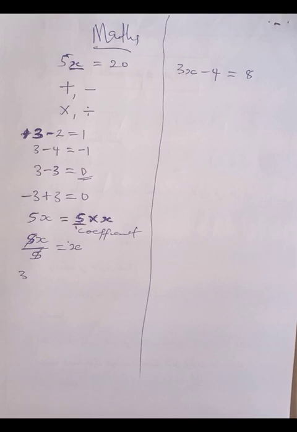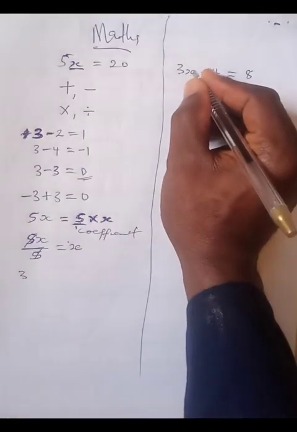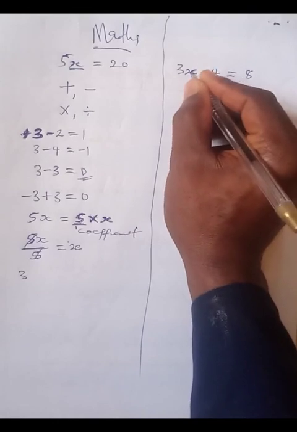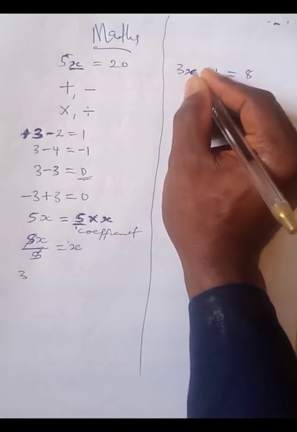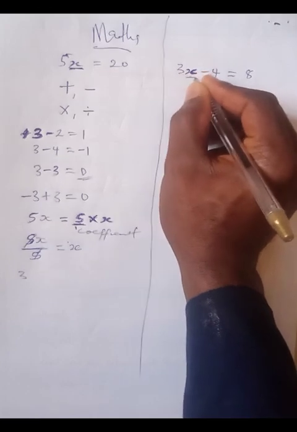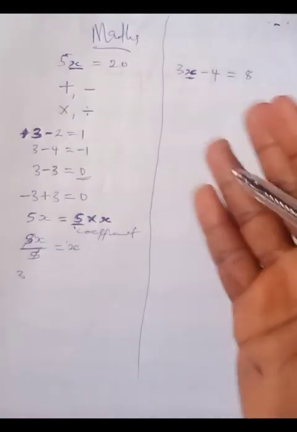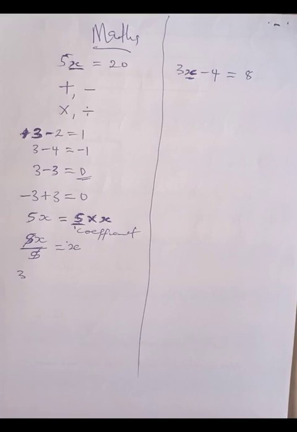Math is fun. Always have this at the back of your mind. To solve any equation, be it linear, any equation, the first thing you need to do is look for a way to isolate your x. This is your variable. You need to look for a way to isolate your variable, the x. In this equation, 3x minus 4 is equal to 8.